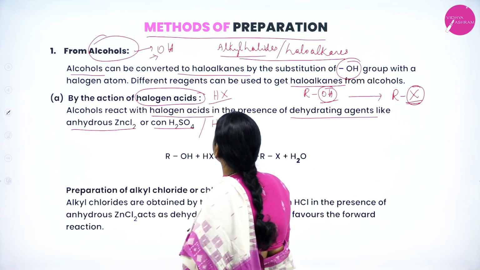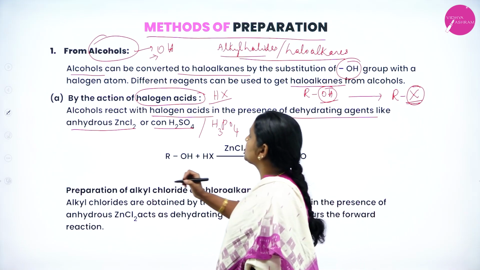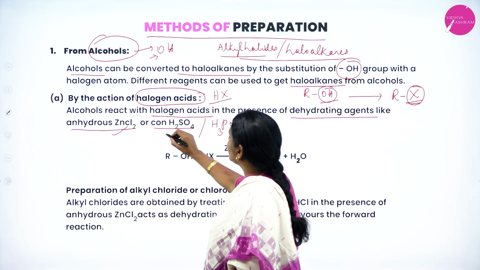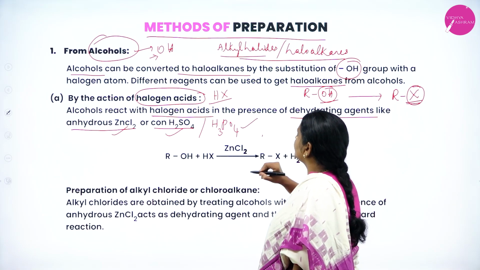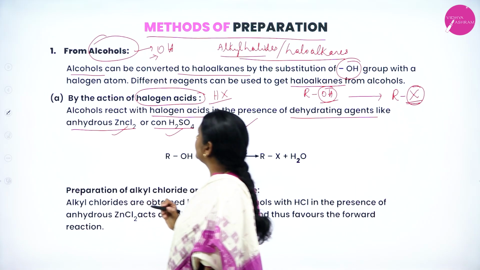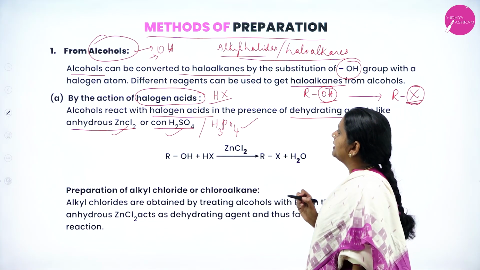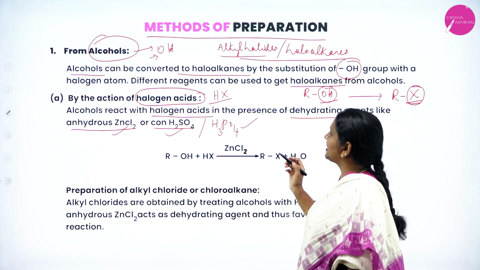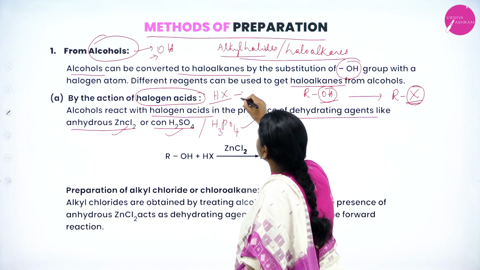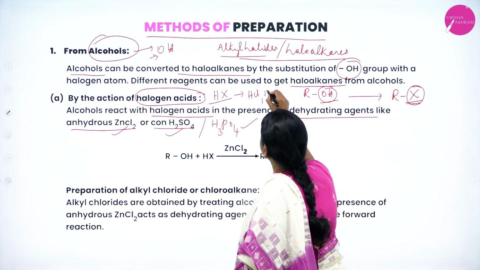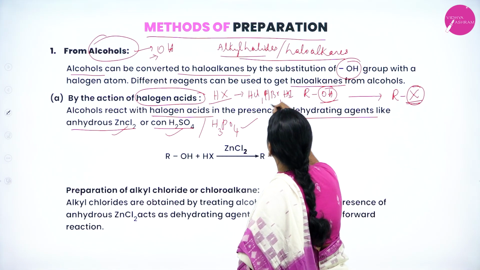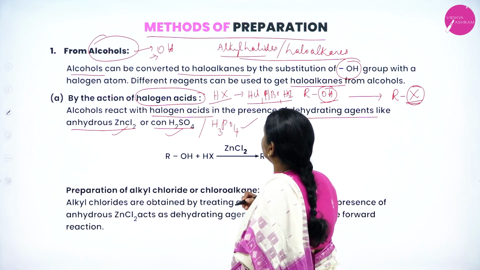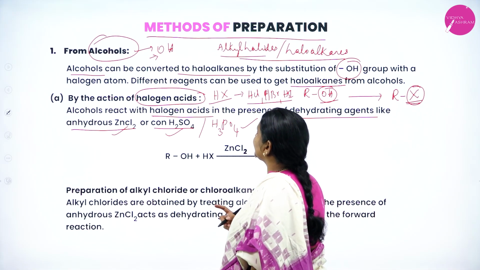Now, what's the general formula of halogen acid? HX. HX means either HCl, HBr, or HI. The general formula of halogen acid is HX.